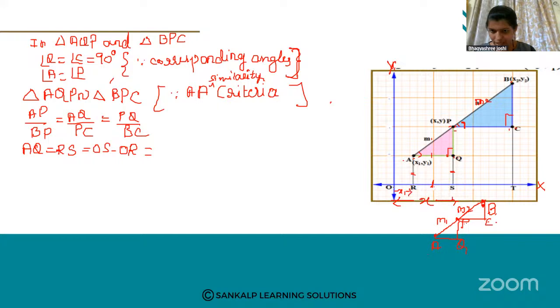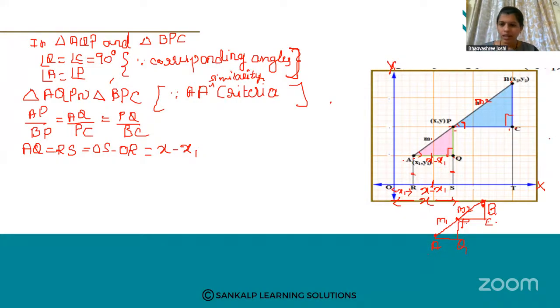OS is X, OR is X1. That means RS can be calculated as OS minus OR, that is X minus X1. If this is X minus X1, then this is also X minus X1, because OR is X1, OS is X.